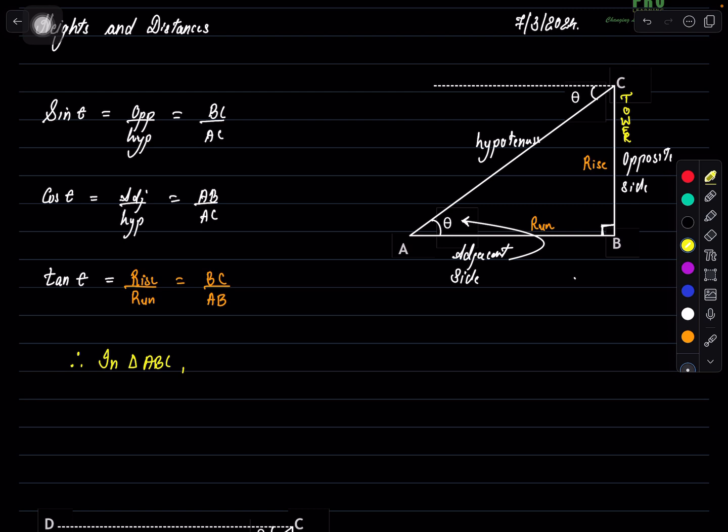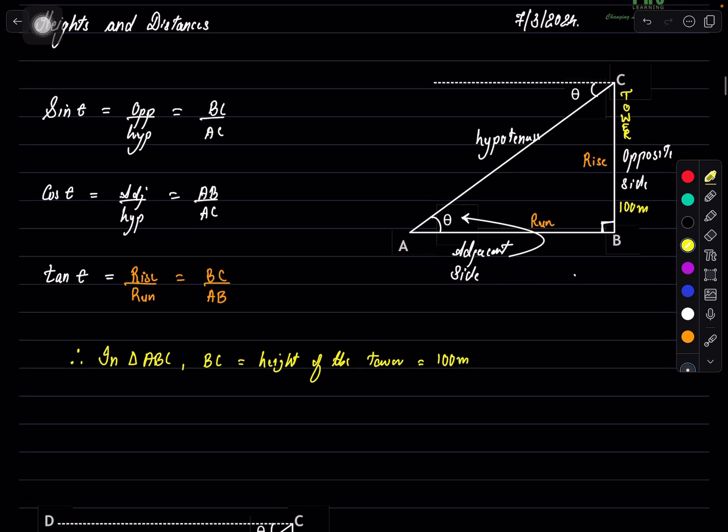Therefore, in triangle ABC, we have considered BC as the tower. BC is the height of the tower, which could typically be some number. We may consider it to be 100, so let's write 100 over here. This is 100 meters high.